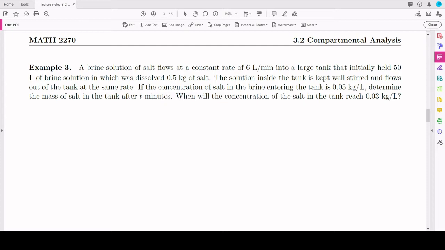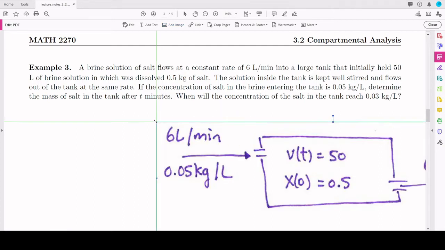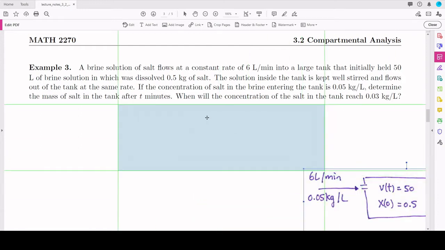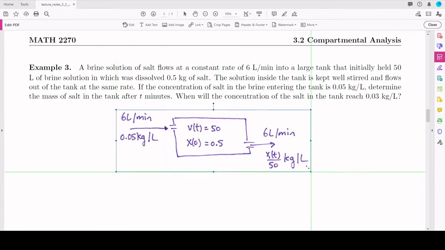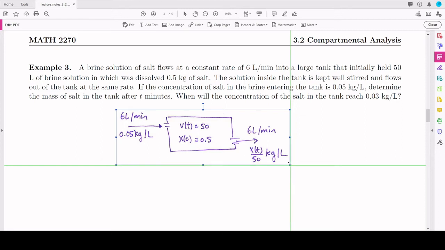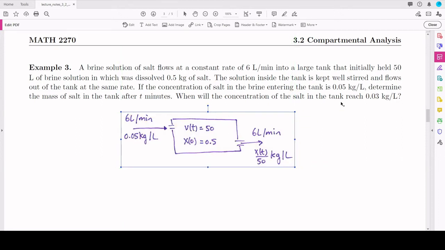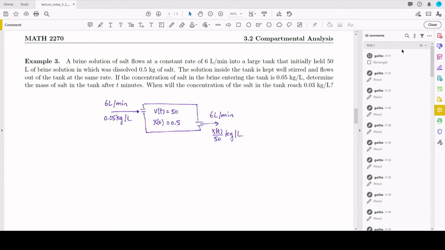I can't really draw on these tablets just yet, so I have imported a picture from something that I wrote with pen and paper. This right here is an illustration of what is going on in this problem.